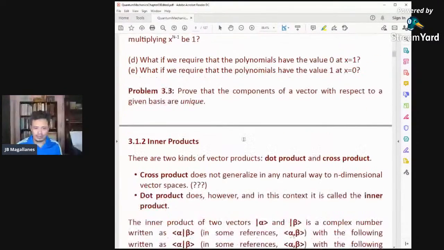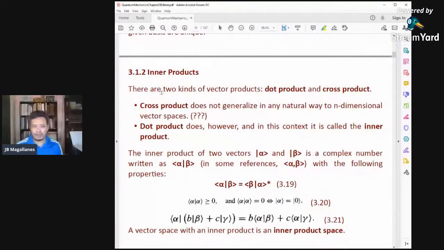So there are two types of vector products. Ordinarily in 3 dimensions, you have the dot product and the cross product. But although there are attempts to have the cross product for n dimensions, it's still in the process of development.